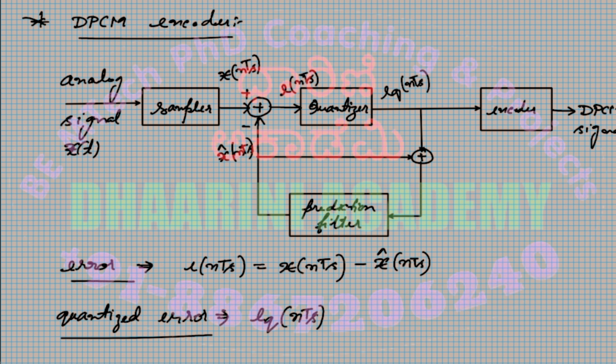of nTs should be equal to, you see, the input to that is e of nTs, isn't it? But how do you get eq? Where is that xq coming from? That is the quantization error, correct?